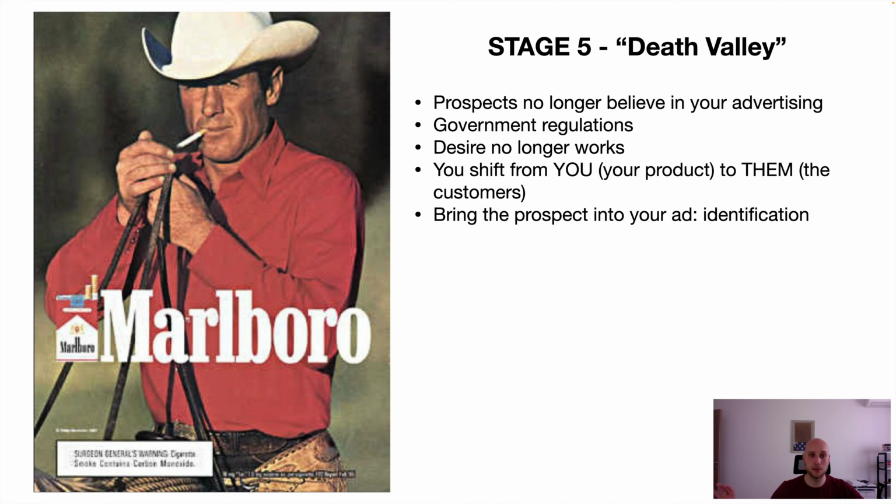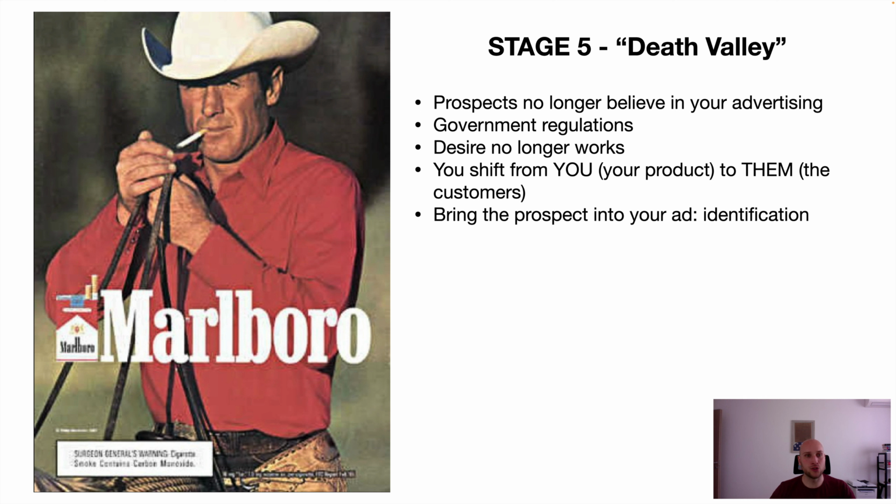You're bringing the prospect into your ad, and this is amazing. It's one of the best. It's not one, they have several ads like this. It's the virile man ads that Marlboro put out. I think it was in the 70s, or 60s.